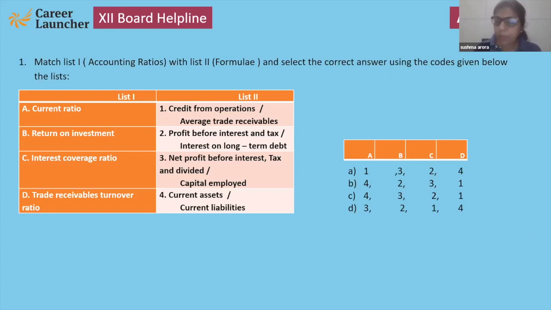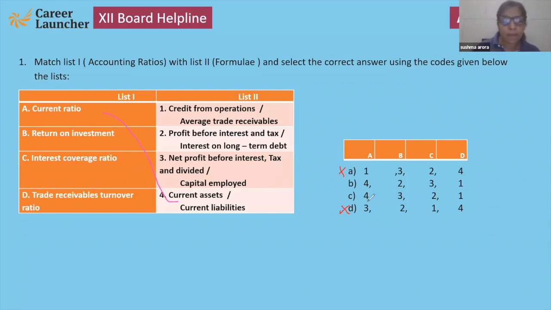As in the previous classes, I have explained how to use the elimination method. You will be able to do the match the column questions easily, as you are sure about current ratio. So match it: current ratio A with 4. So your options will be cut here, leaving these 2.